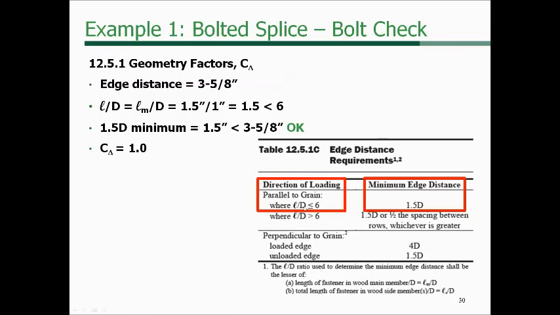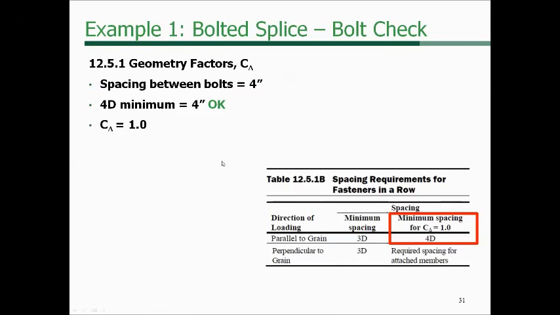You have to know in this case the L over D ratio of your bolt, and you're going to use the lesser of the length of the fastener in the main member to diameter ratio versus the length of the fastener in the side member to diameter ratio, and whichever one of those controls you'll use. But we end up being okay. We've got enough edge distance there with 3 5/8, we only end up needing 1.5 inches.